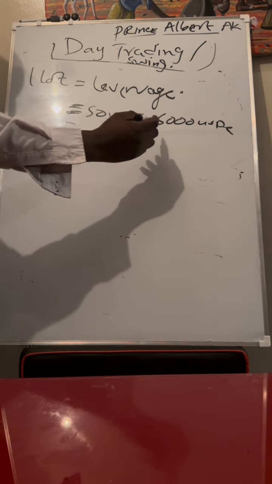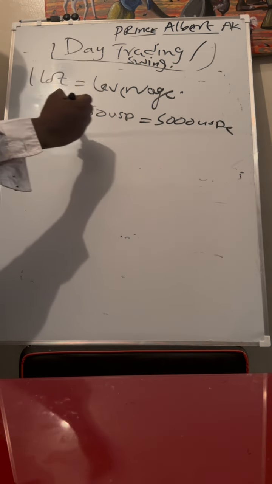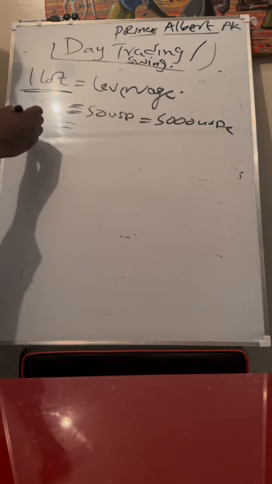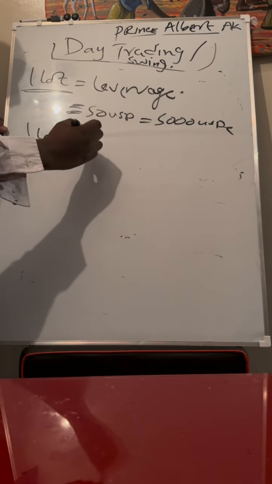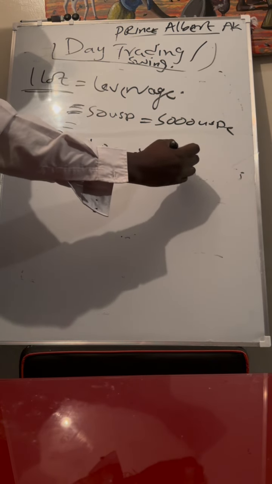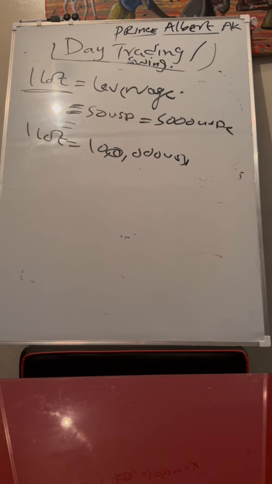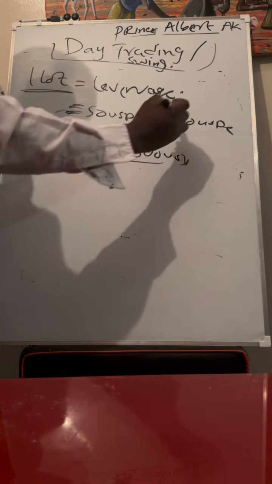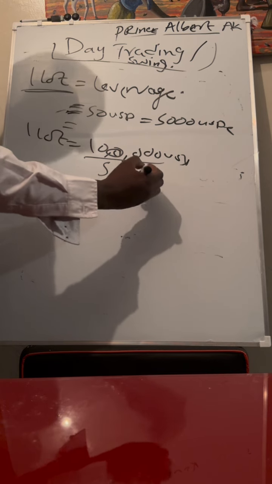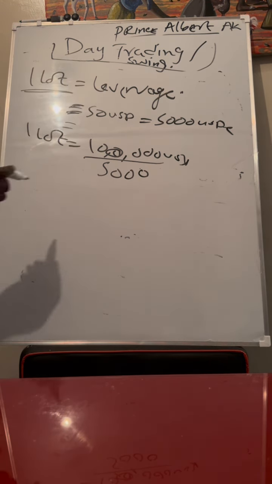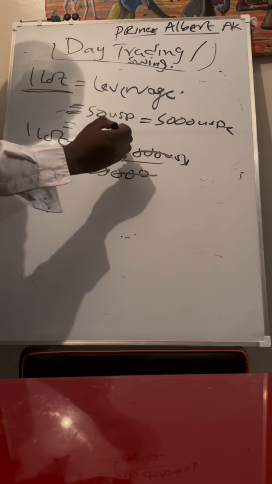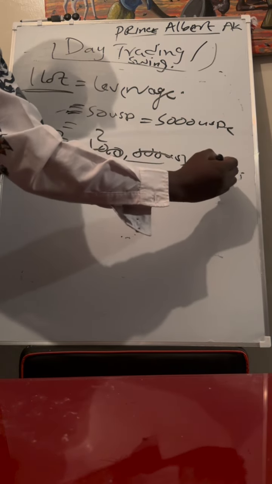We are going to open 1 lot, and then we need a leverage at least. From our equation, 1 lot is equivalent to 100,000 USD, and we have our 500. So what is our minimum leverage? Our minimum leverage will be 1 is to 20.